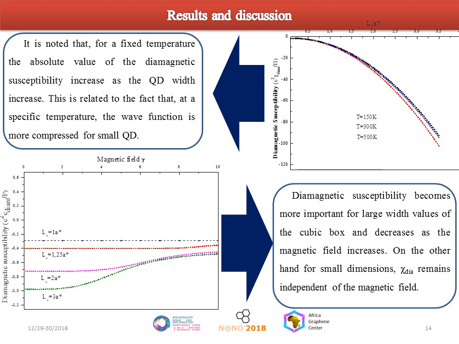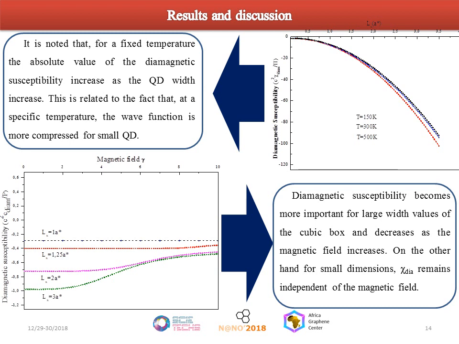So for the second, we study the magnetic field effect on the diamagnetic susceptibility. So the figure presents the diamagnetic susceptibility as a function of magnetic field for different values of the width of the quantum dot.